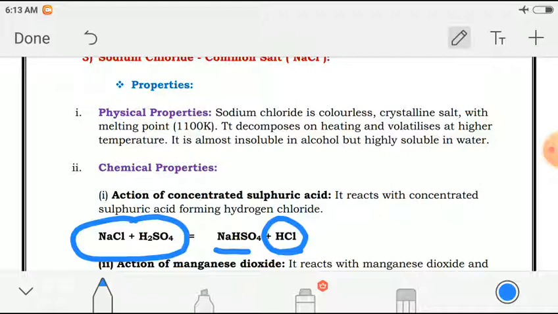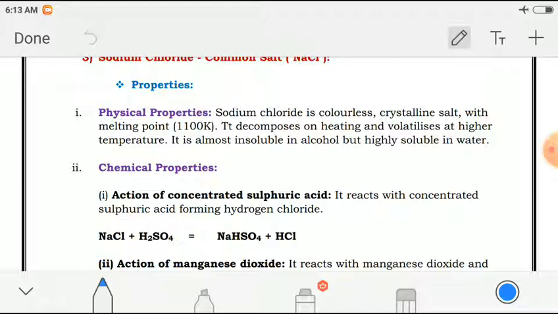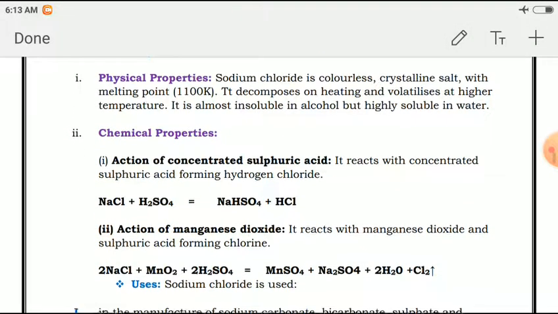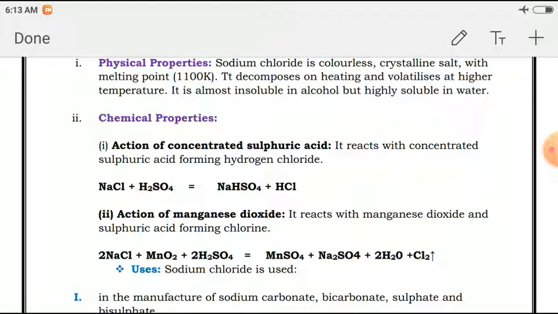Now the action of manganese dioxide. It reacts with manganese dioxide and sulfuric acid forming chlorine.